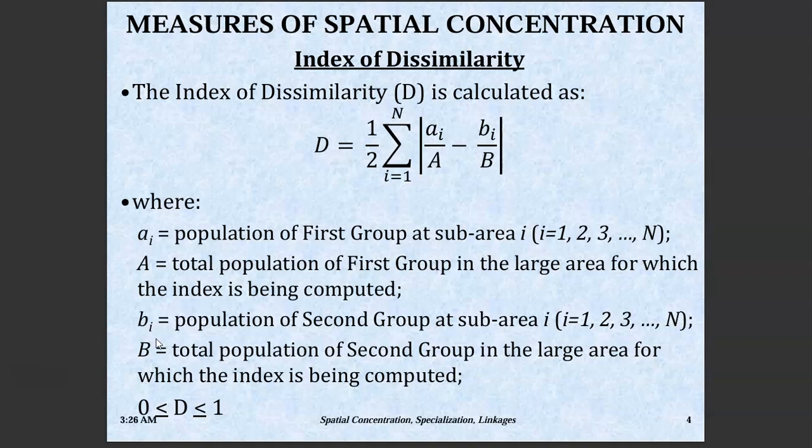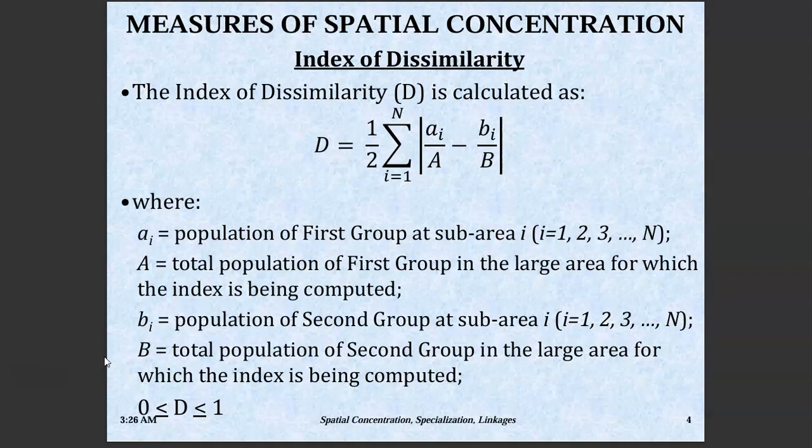We said that we are trying to measure the dissimilarity for two mutually exclusive groups. So here our A will be the blacks and the B will be the whites. This b_i is also the population of whites in one particular college, and the capital B will be the population of whites in the entire geographical area.